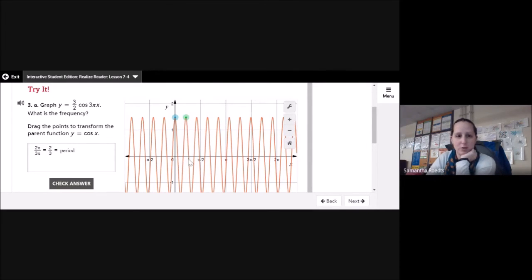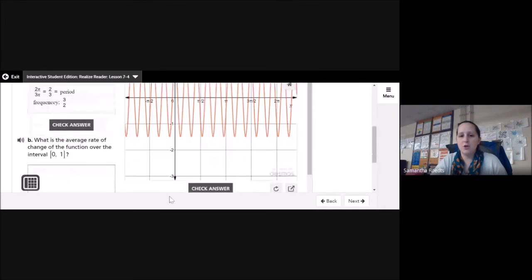So this goes through one period between 0 and 2/3. And remember, our frequency is just flipping this number, so I get 3/2. So our frequency is 3/2. This is what our graph should look like.